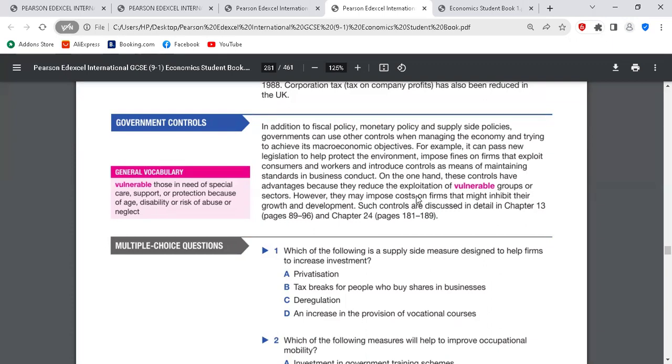So aside from monetary policy, fiscal policy and supply side policy, government can come up with laws, legislation, fines, bans, to discourage work practices that are making workers vulnerable, that are making consumers vulnerable. So government can come up with laws to stop firms from doing these things.